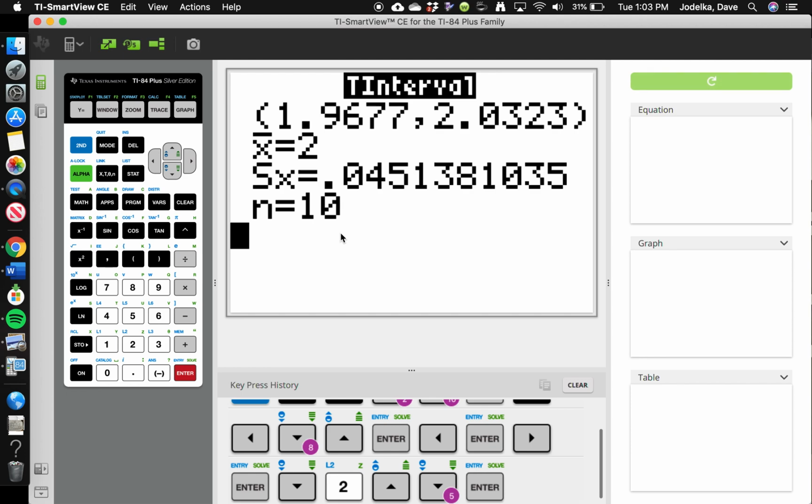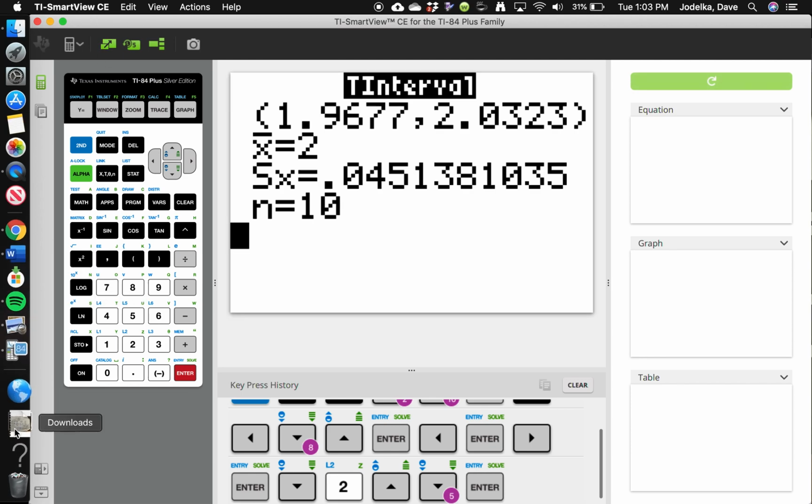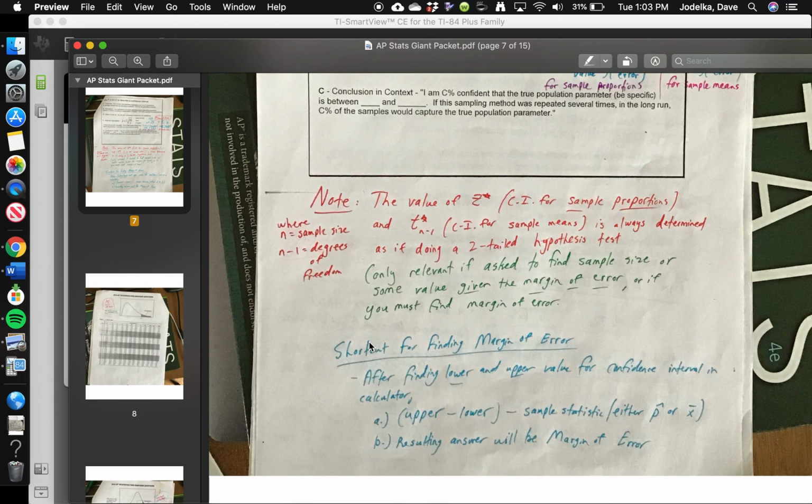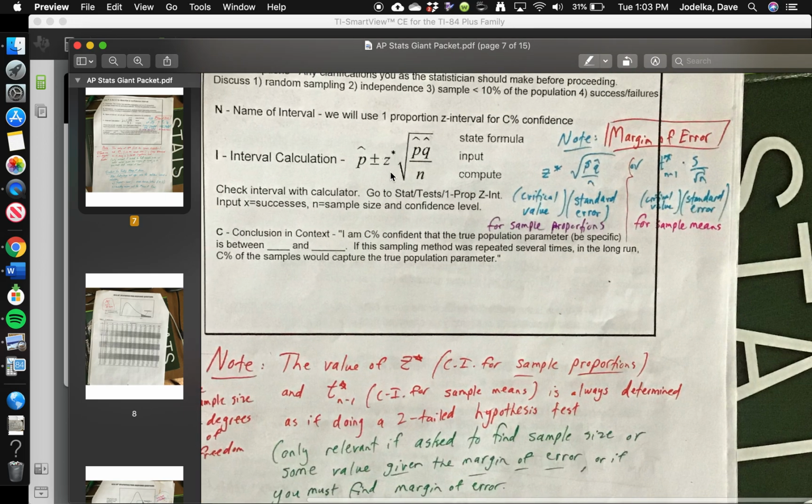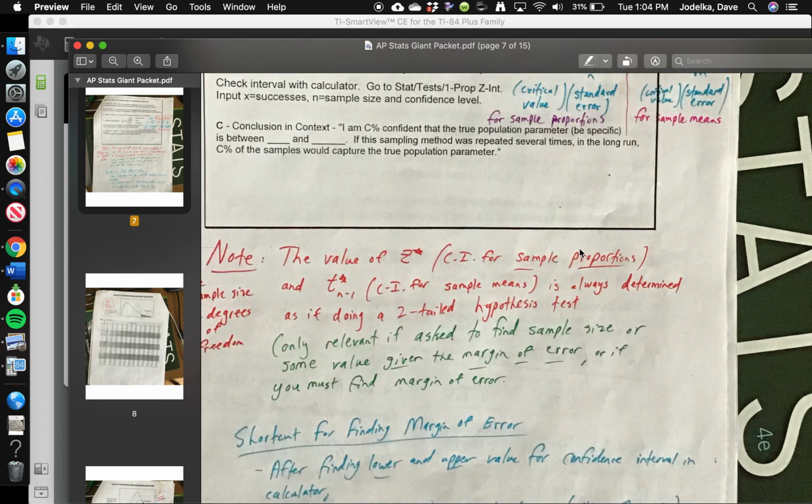So what I was trying to imply here was, if you're asked about margin of error, which remember is this second chunk, it's either z star or t star times the standard error. A common question is, what's the sample size? Well, you would basically have to set the margin of error equal to this and work backwards. But there's a workaround.